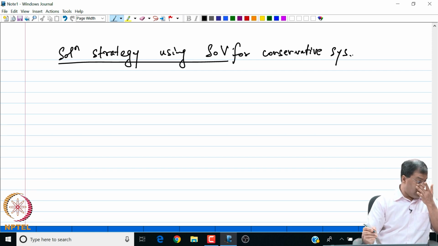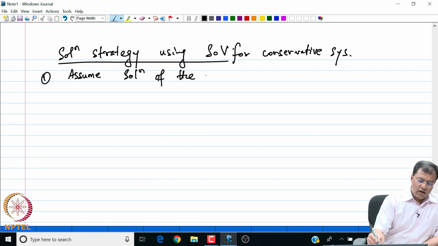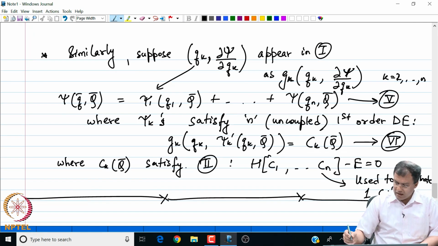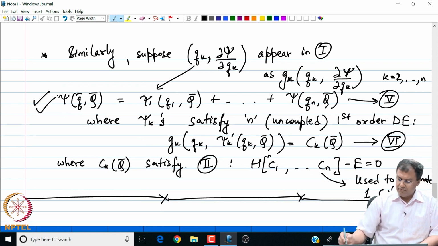So, let us say we assume the solution of the form. I am going to use my previous numbering, assume solution of the form 5, right. So, what is 5? Let us go back. So, assume solution of this form, right. So, this is what we have.